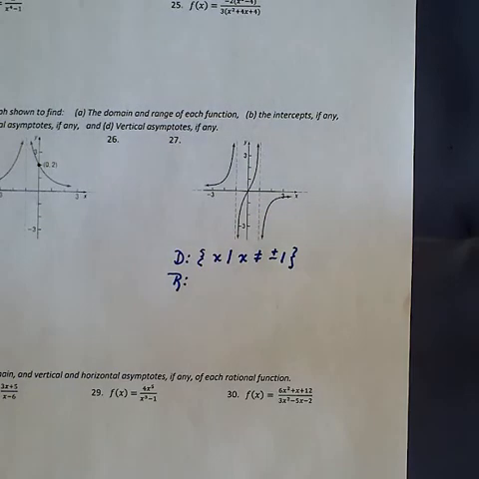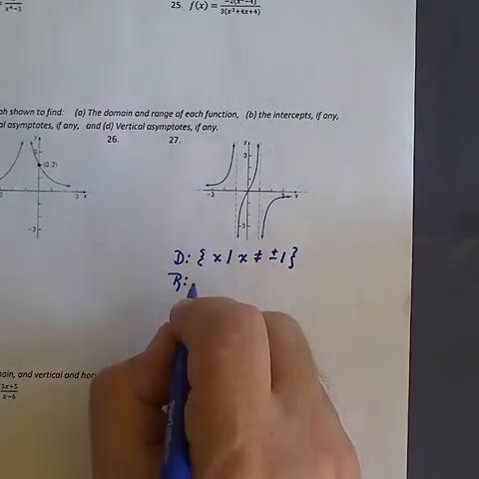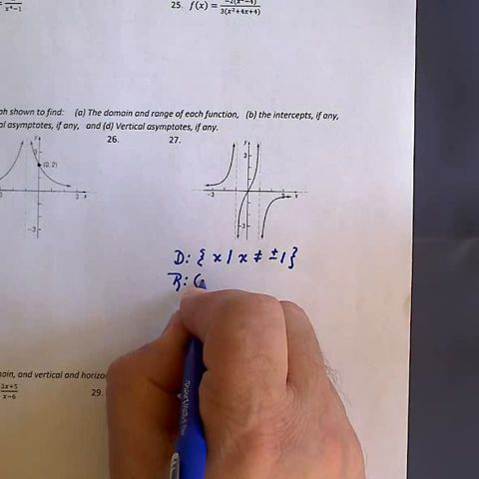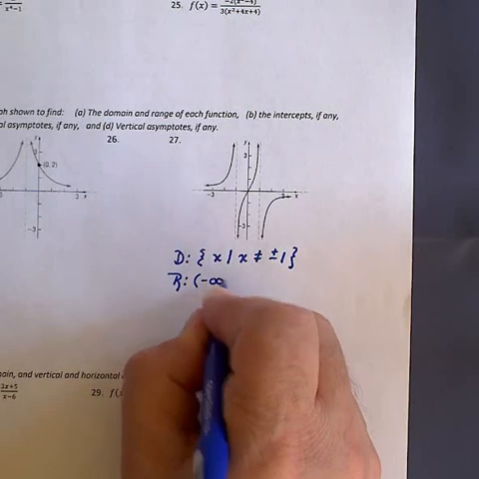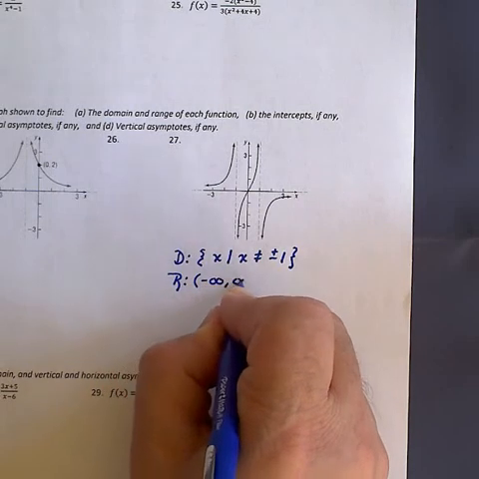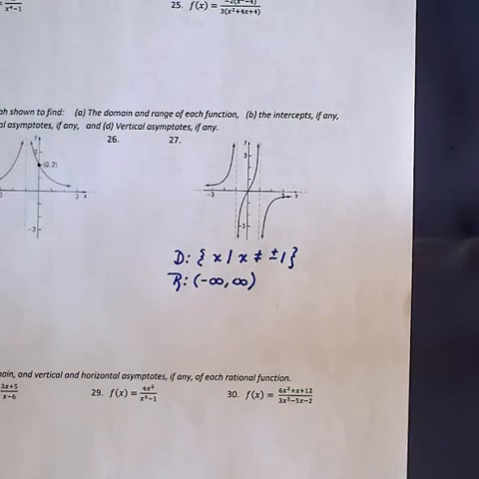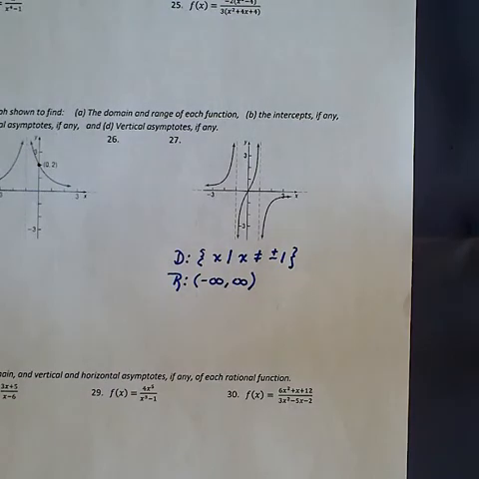A vertical one won't. So in that regard, for a range, it's going to be just all reals. There is no place that this graph will not go vertically. So horizontally, we got a couple exceptions. Vertical, we do not. Okay, so that's part A, the domain and range.